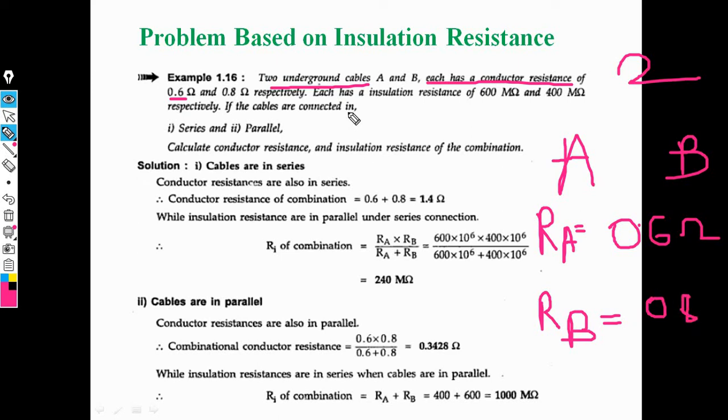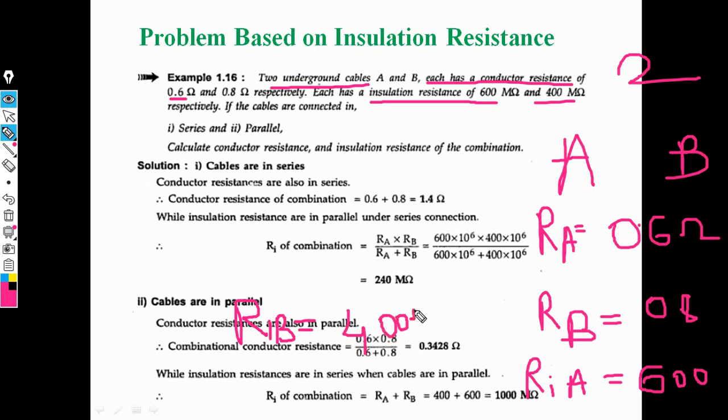We have to calculate the resistance and insulation resistance. The insulation resistance of cable A is given as 600 megaohm, and for cable B it is 400 megaohm. These are the given data.